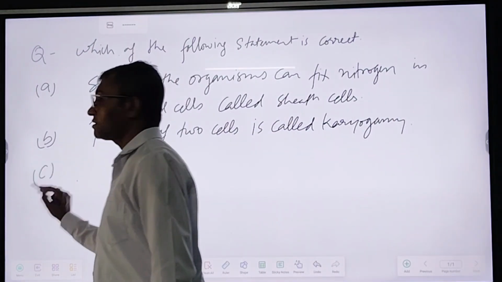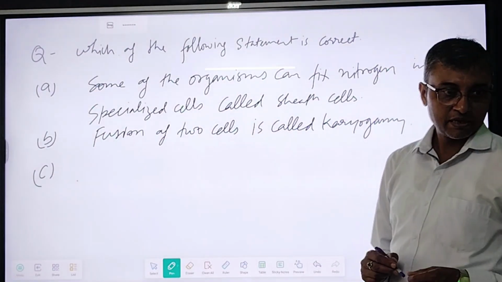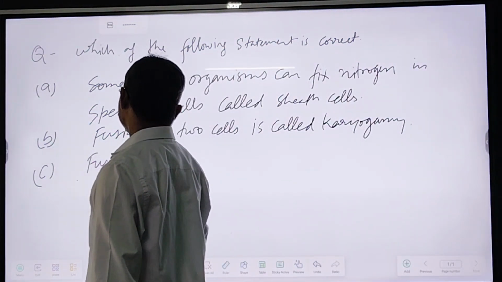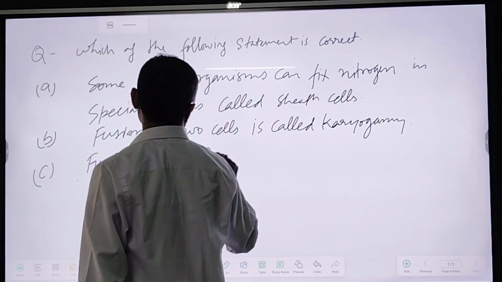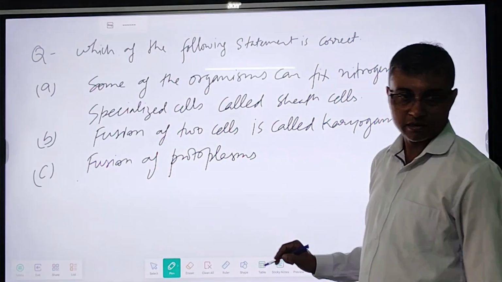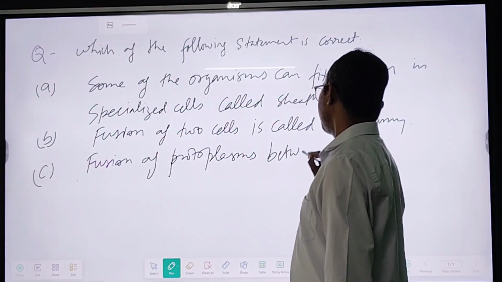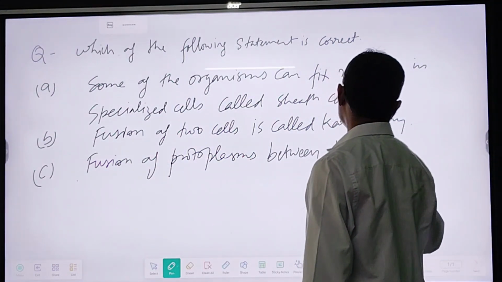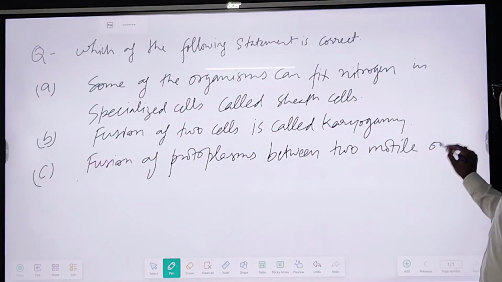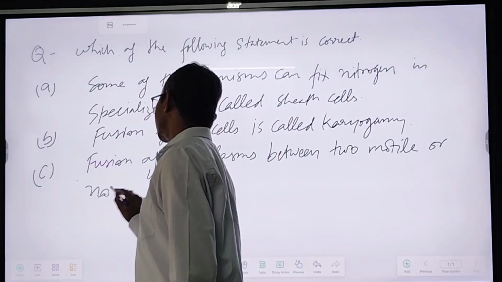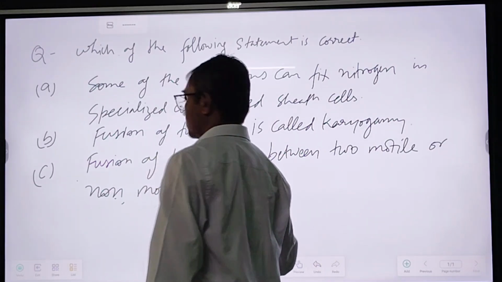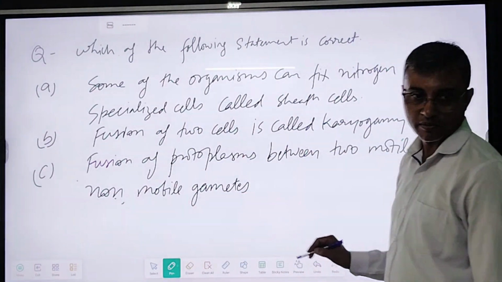The next statement is, the fusion of protoplasms between two motile or non-motile gametes is called plasmogamy.